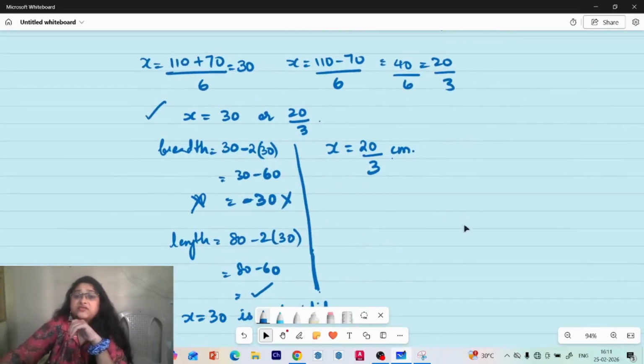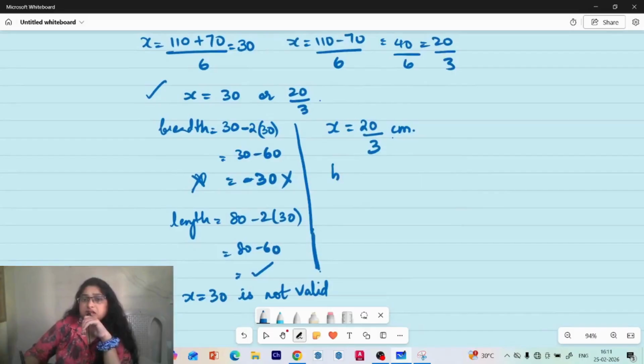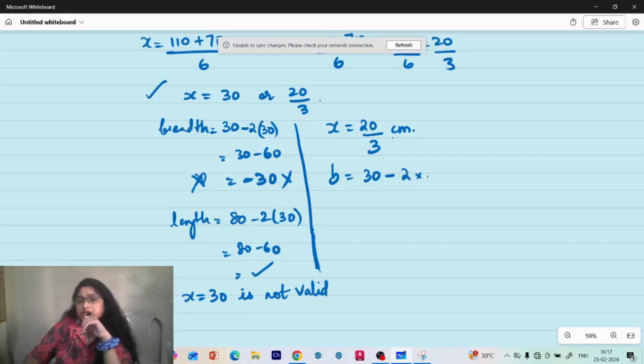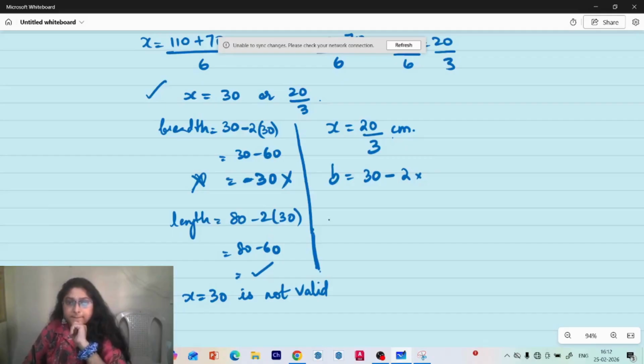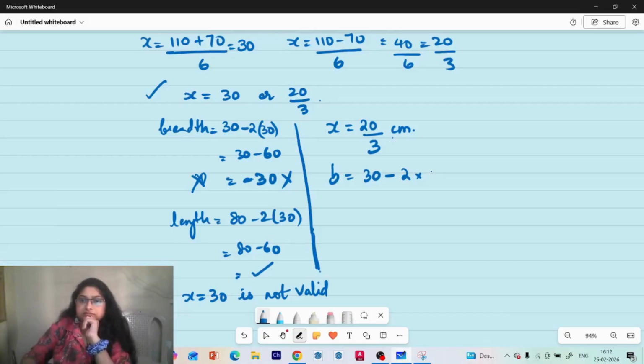Let's check whether this is valid or not. For this, breadth is 30 minus 2x, which is still very much valid.